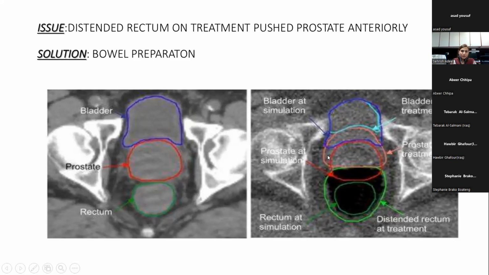Here you can see this red line is the actual position of the prostate on which the planning was done. And because of this distended rectum, this whole prostate was pushed anteriorly. So this area would not get radiation. The pushed area would not get radiation and would be missed in that particular fraction.